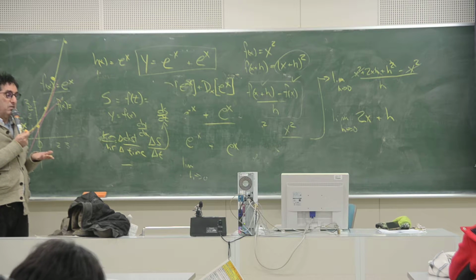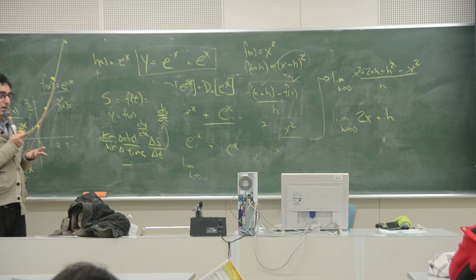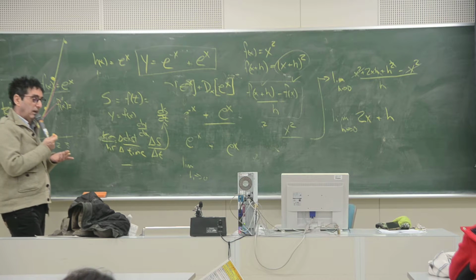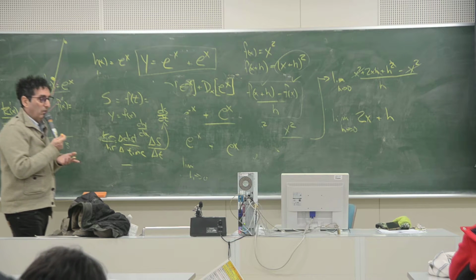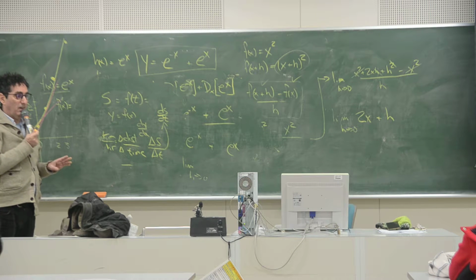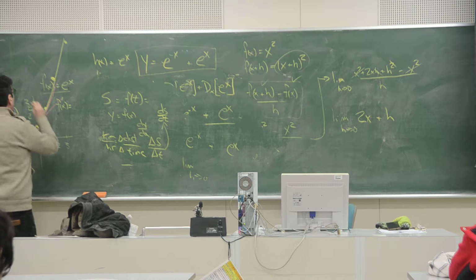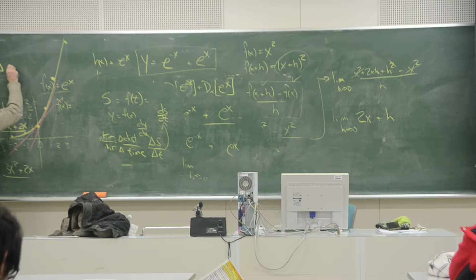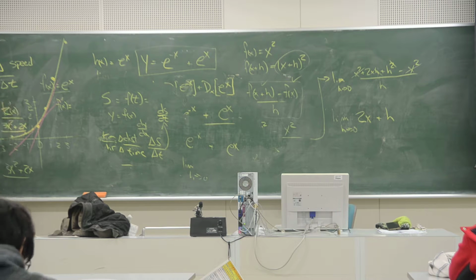How fast the speed is changing, right? When you say I'm accelerating, you press down the accelerator, what are you saying? You're saying my speed is increasing, right? So that's the change in the speed over time, right? The change in the speed over time.